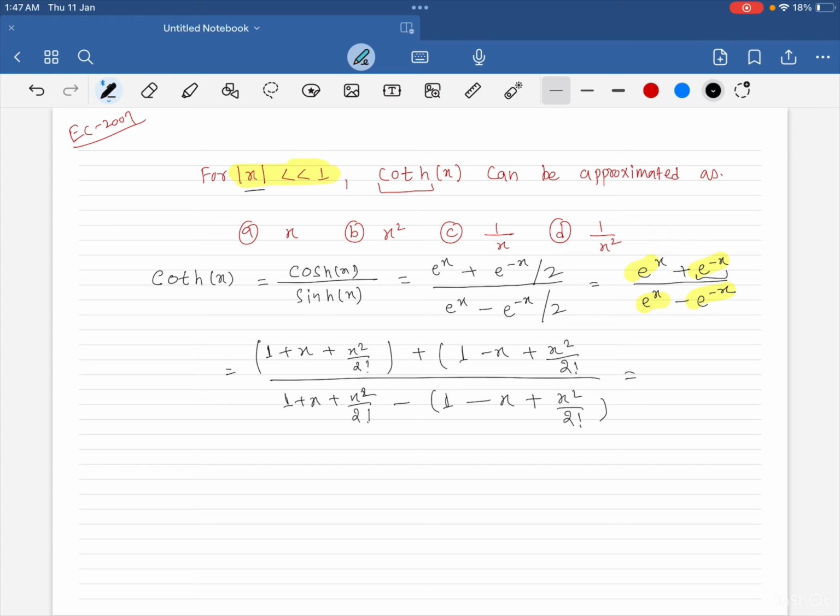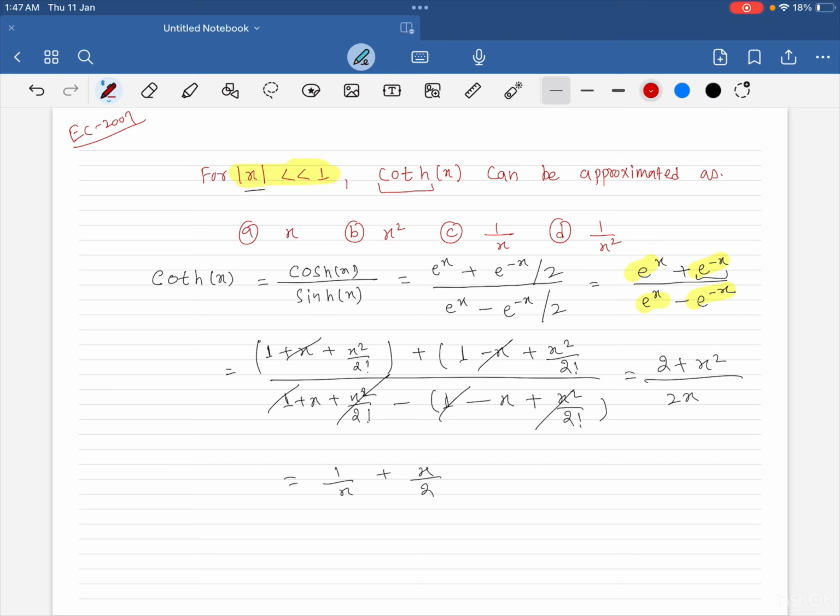Now here we will have this x cancel, 2 plus x square divided by this will get cancelled, and this will get cancelled, and here we will have 2x, right? Now we can write this as 1 divided by x plus x divided by 2.